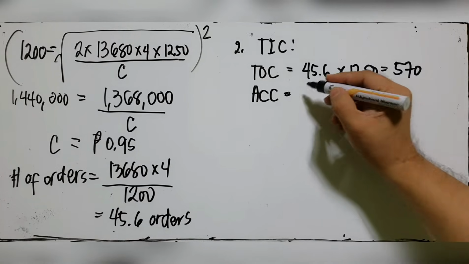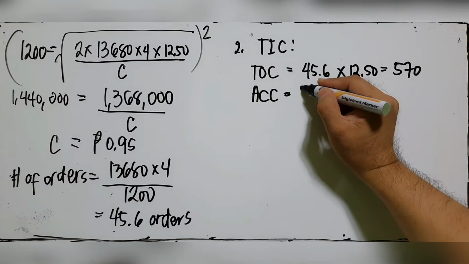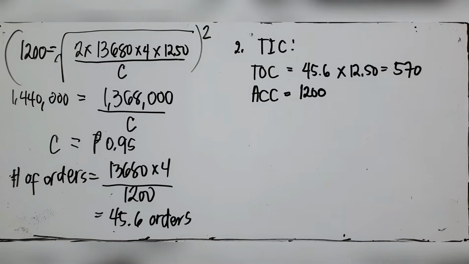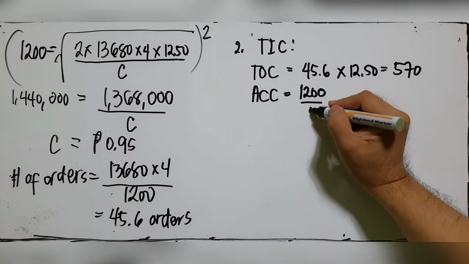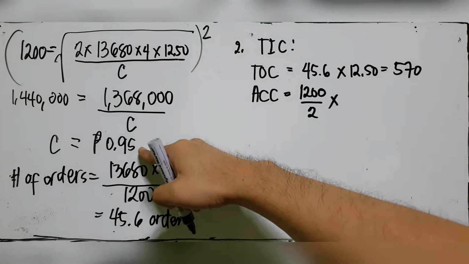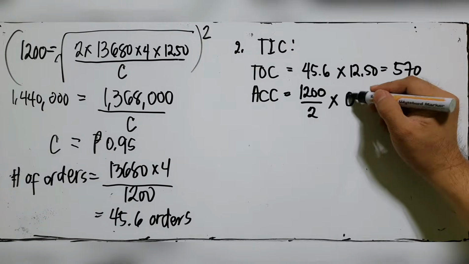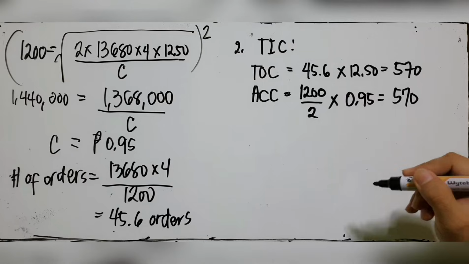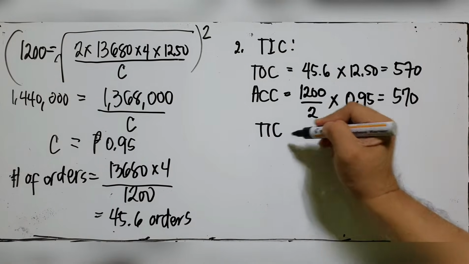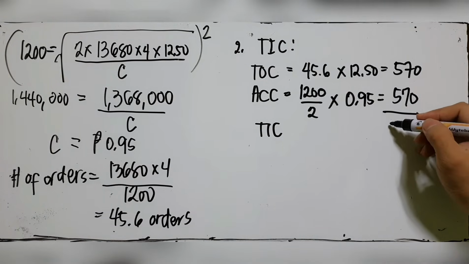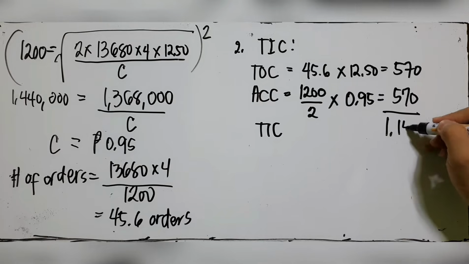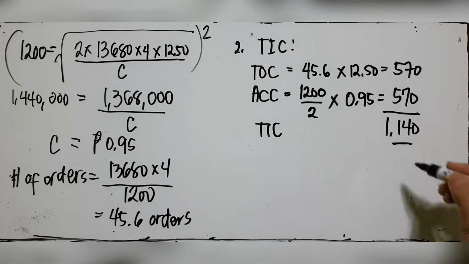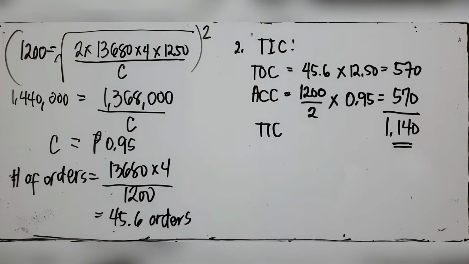But just to check, average inventory is, ano yung quantity natin? EOQ ang ginagamit natin, divided by 2, times the carrying cost per unit na na-compute natin, which is 0.95, so the answer is also 570. So the total inventory cost is the total of the two. So that will be 1,140 pesos. So that's number 2.